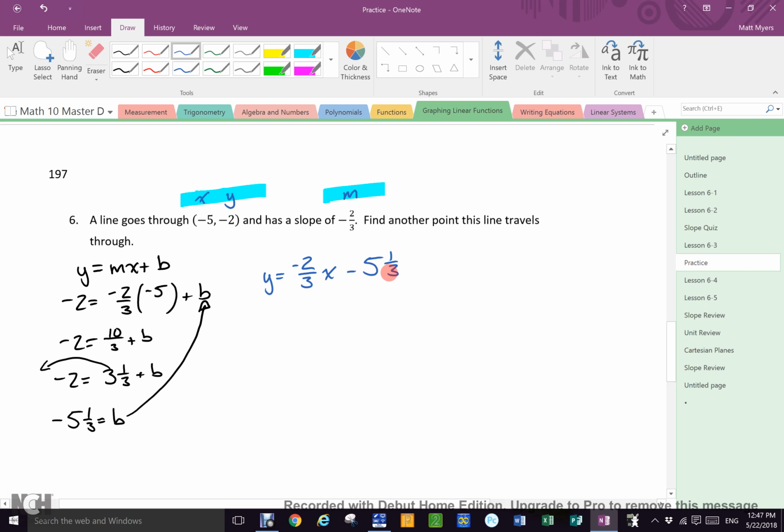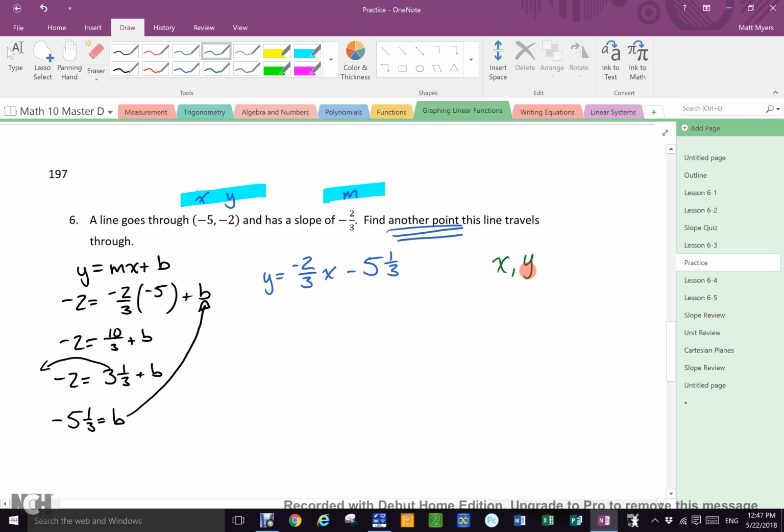Now, I need any other point. Every other point in the whole universe has what form? x, comma, y. Which of those is input? x.